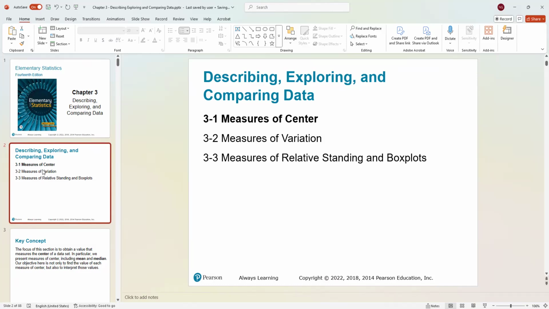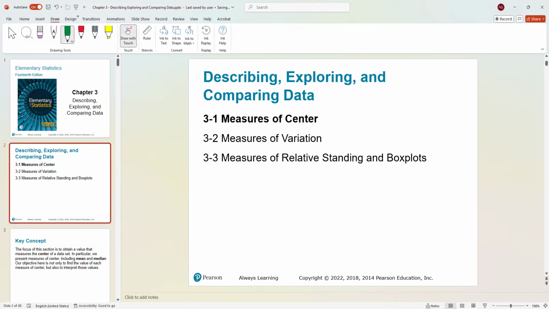Because the methods we present in this chapter are about descriptive statistics. Remember, statistics is the science of collecting, summarizing, and displaying data.